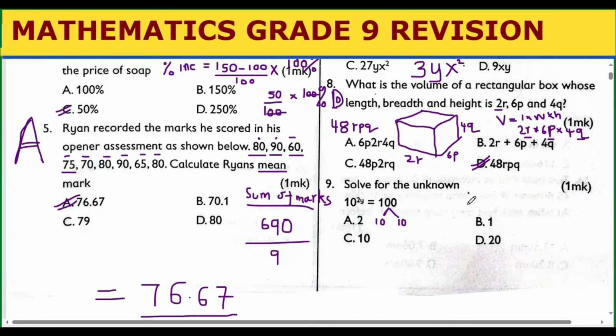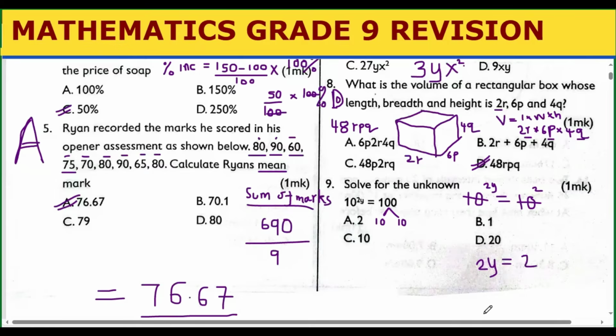So you say 10 power 2y equals 10 squared, and 10 squared is 10 power 2. Now, we usually say when the base is the same, cancel or ignore the base. So this disappears, and now we have 2y equals 2.